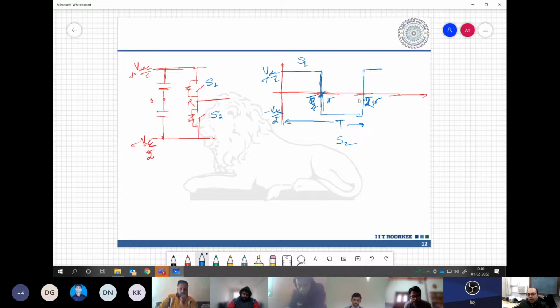Now to understand what we are actually generating, whenever we generate this kind of inverter voltage, it is a little bit far from the fundamental. It's not exactly sinusoidal. It's actually pretty far from the sinusoidal input voltage.